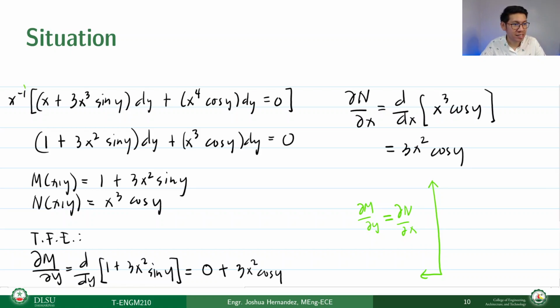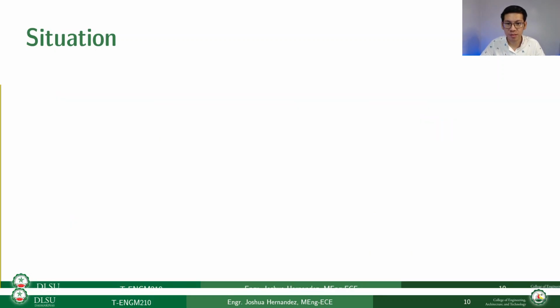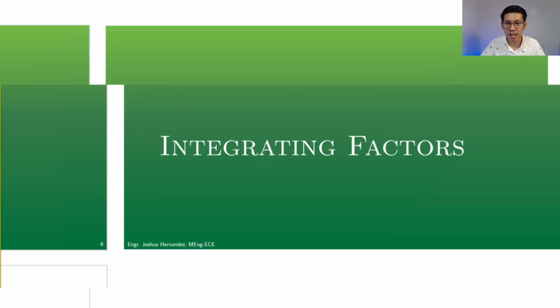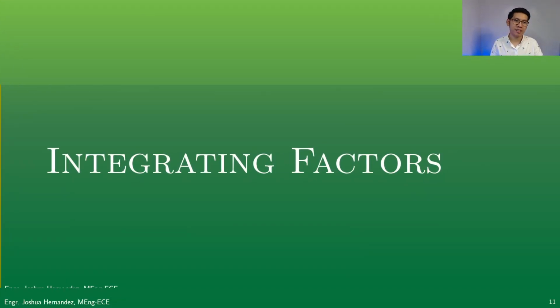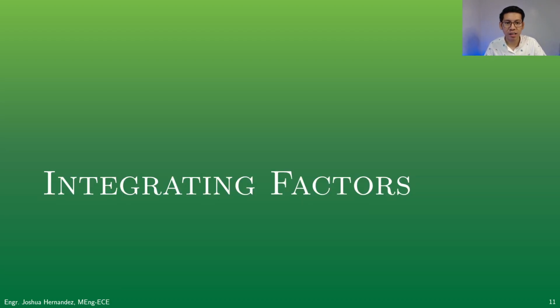What is this magic function that made our whole function exact? Okay? So x raised to negative 1 is what we call an integrating factor. Okay? An integrating factor.